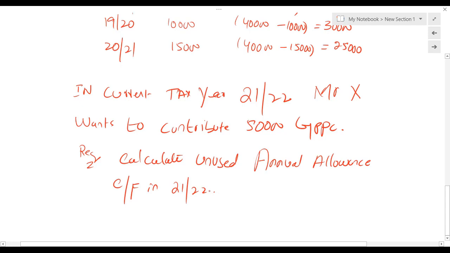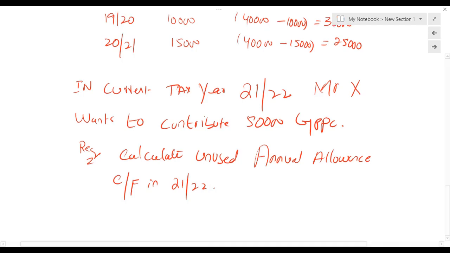You are required to calculate the unused annual allowance limit to be carried forward in 21-22. Of course, whatever I carry forward in 21-22 will be brought forward for 22-23. Carried forward of 21-22 is going to be brought forward of 22-23.